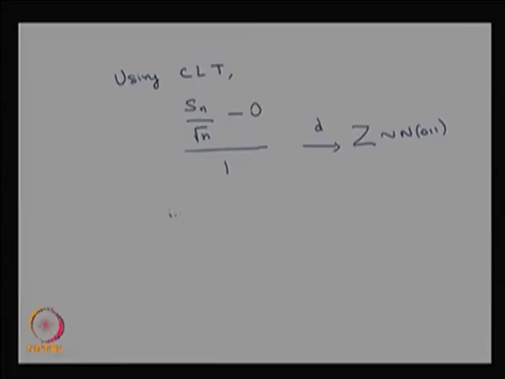That means the sequence of random variables Sn by square root of n, as n tends to infinity, converges to the standard normal in distribution.